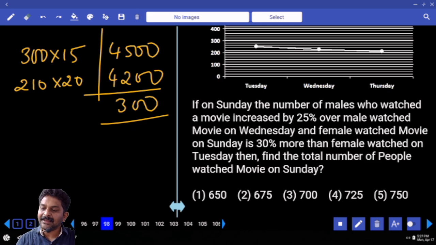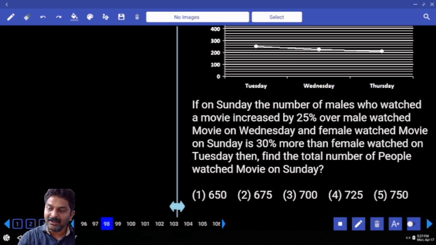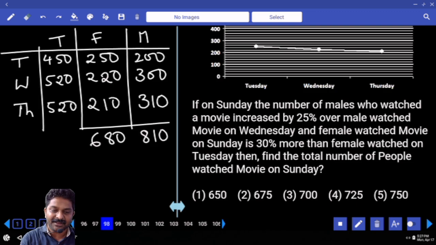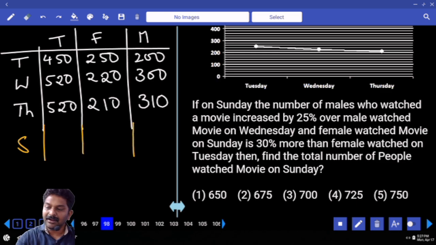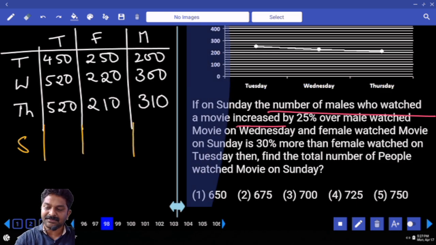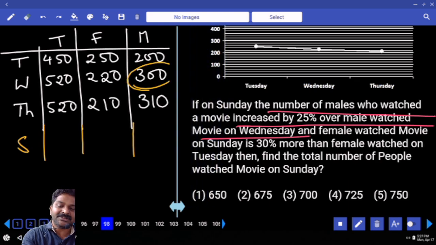If on Sunday the number of male who watched the movie increased by 25% over male watched movie on Wednesday. Male watched movie on Wednesday 300. So now on Sunday they are talking about number of male watched increased by 25%. 25% of 300, 75.